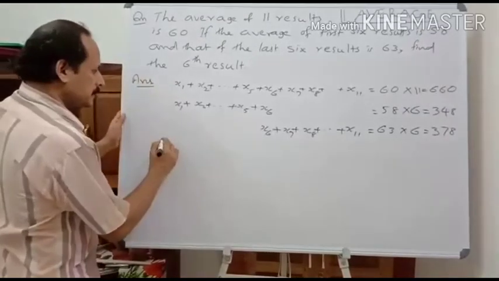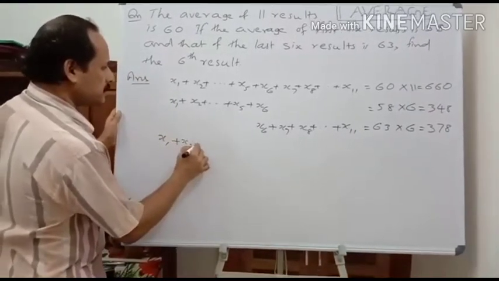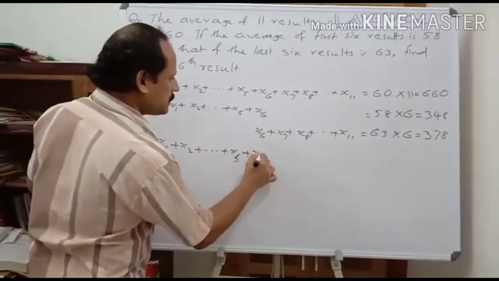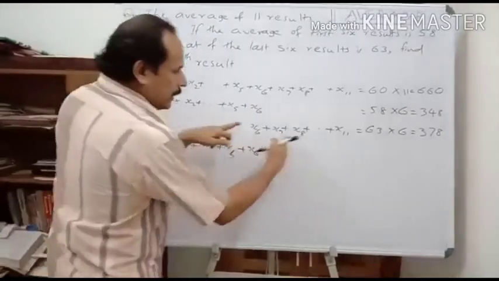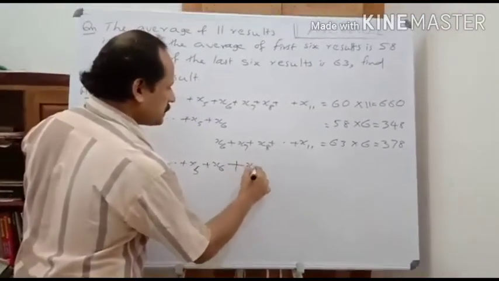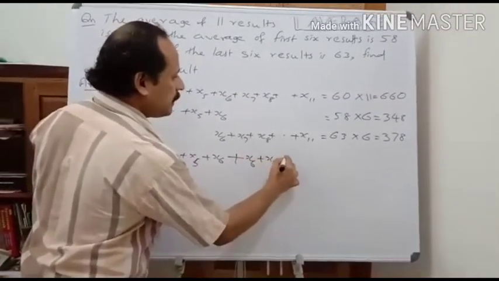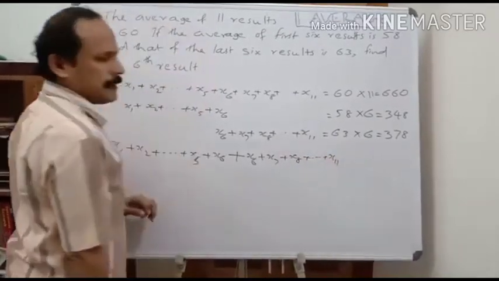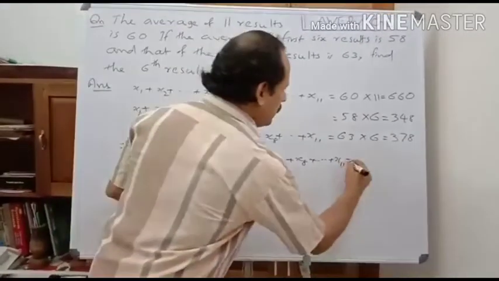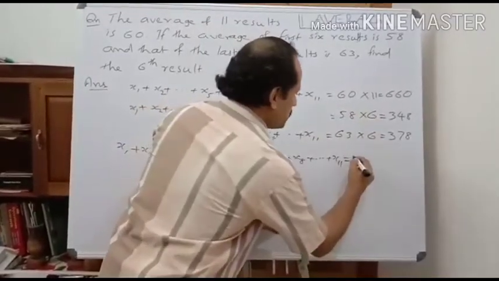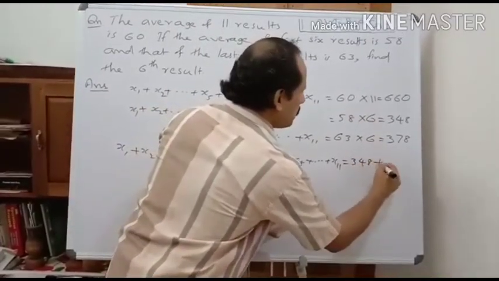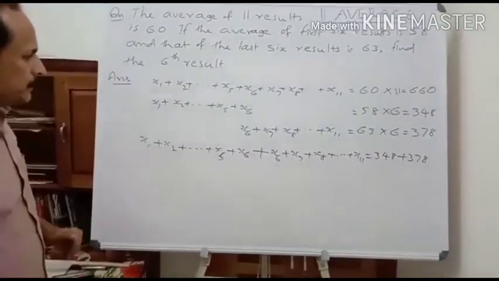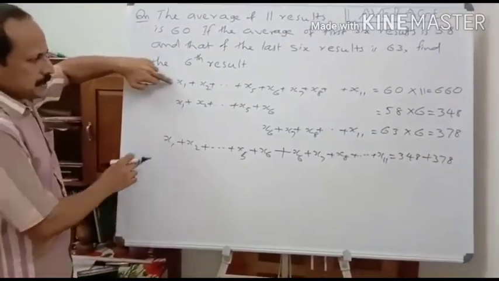What do we get? x1 plus x2 plus etc. plus x5 plus x6, plus x6 plus x7 plus x8 plus etc. plus x11 equal to the sum of these two, that is 348 plus 378.